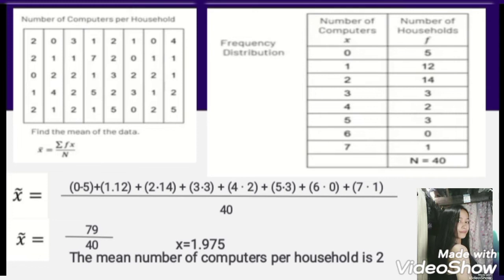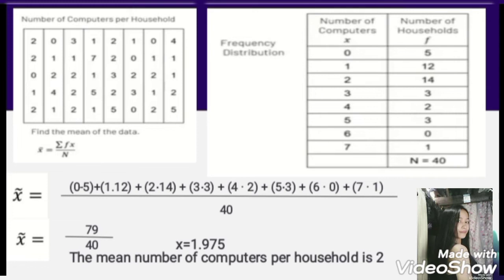So to get the answer, let's use the weighted mean. So, 0 times 5 plus 1 times 12 plus 2 times 14 plus 3 times 3 plus 4 times 2 plus 5 times 3 plus 6 times 0 plus 7 times 1 over 40, the total of the population that responded, is equal to 79 over 40.